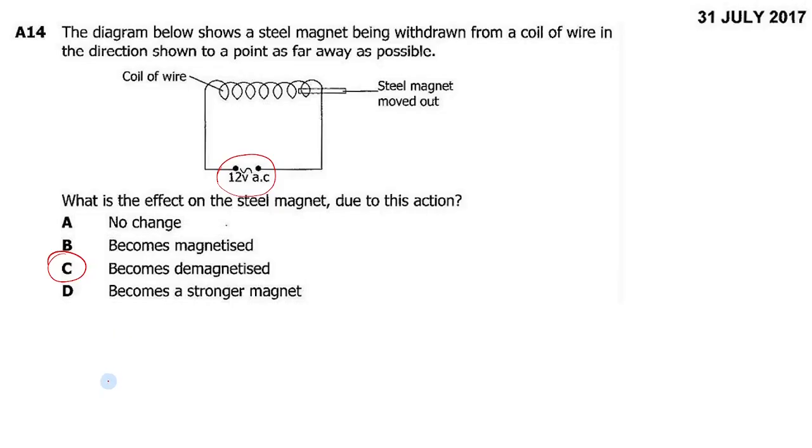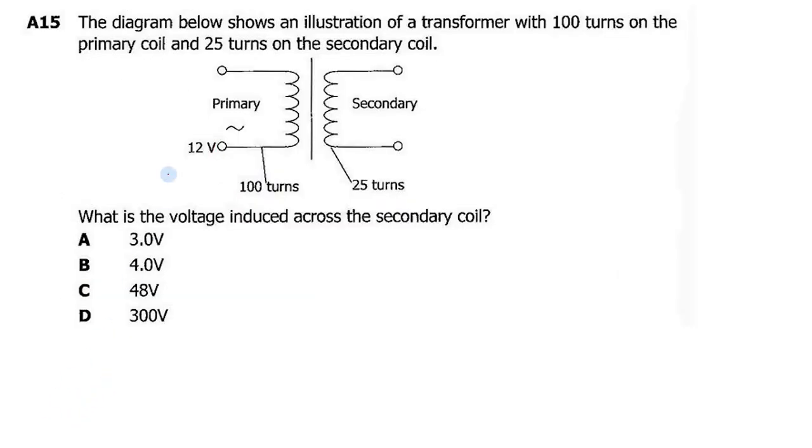Okay, let's continue. The diagram below shows an illustration of a transformer with 100 turns on the primary coil and 25 turns on the secondary coil. This is the same situation we have been going through with transformers.